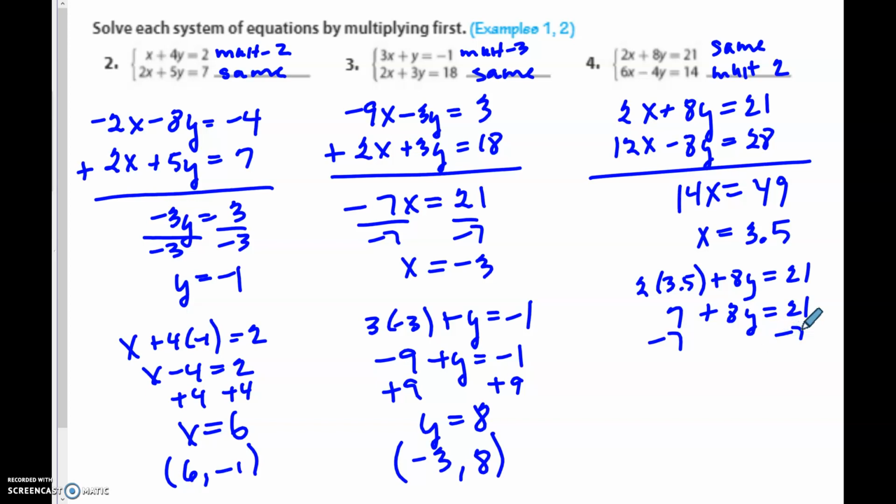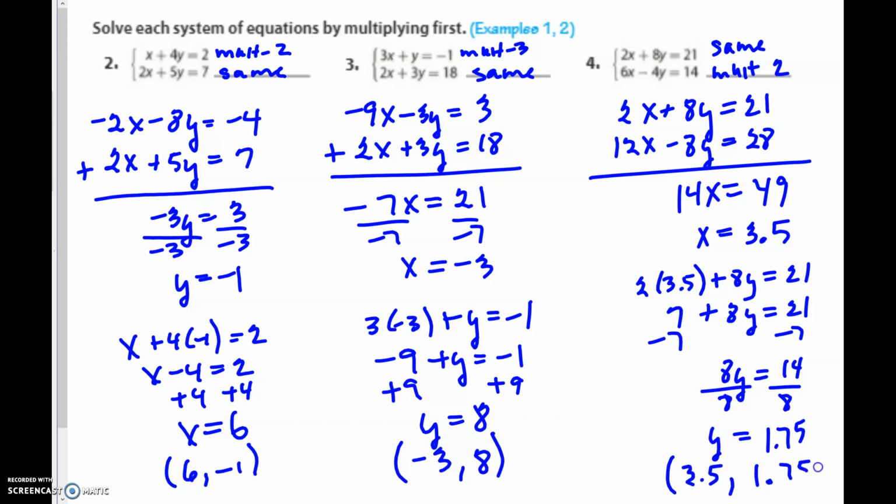So 21 minus 7 is going to give me 8y equals 14. Now let's divide. And so y is, and 14 divided by 8 is 1.75. So I have 3.5, 1.75.